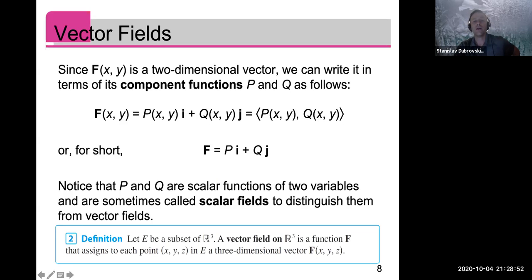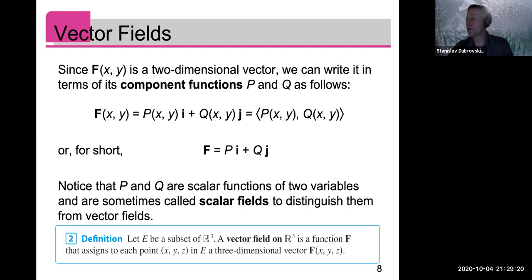So if we write its components as p of x, y and q of x, y, then of course we will have the 2 scalar functions, p and q, as functions of x and y. So we can reduce the situation to just dealing with 2 scalar functions of 2 variables, x and y.